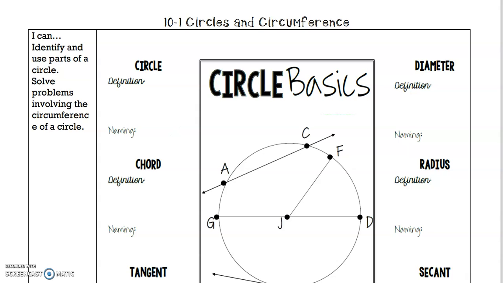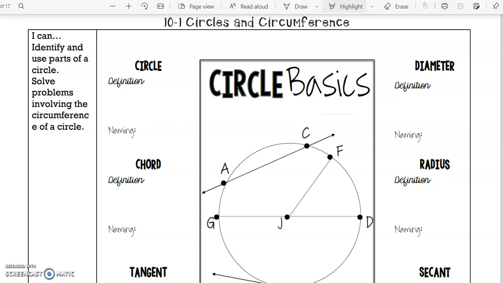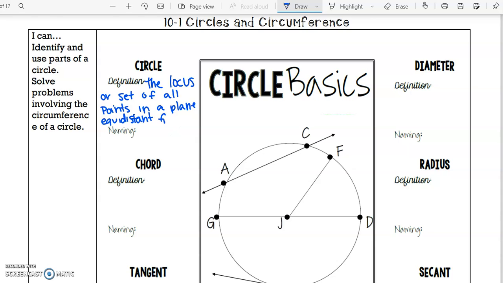In this lesson, we are going to talk about circles and circumference, quite a bit of vocabulary that goes with circles. And our first definition is, what is a circle? A circle is the locus or set of all points in a plane equidistant from a point.